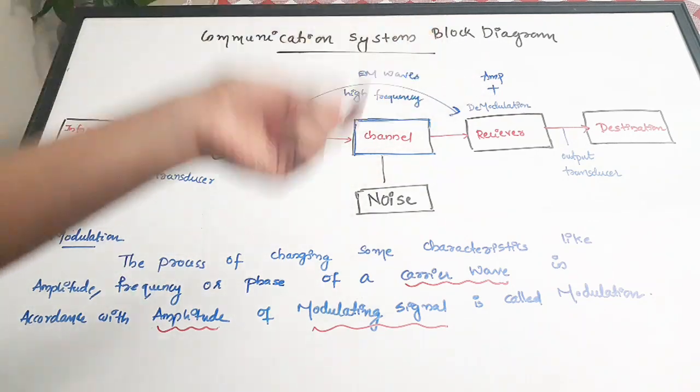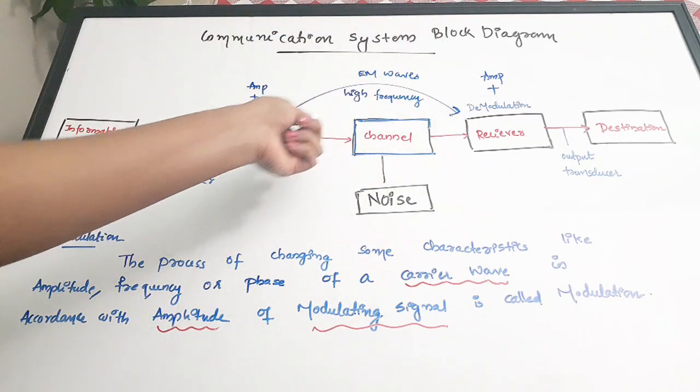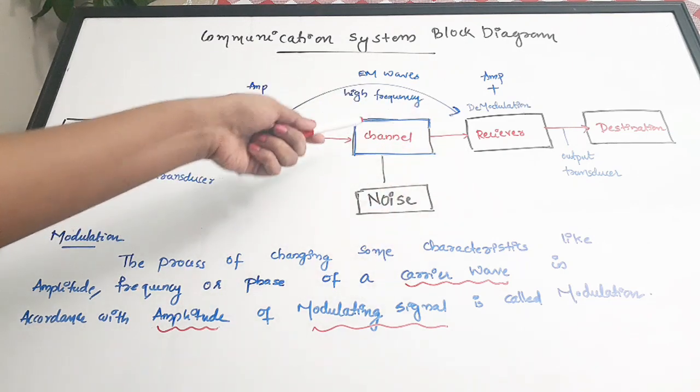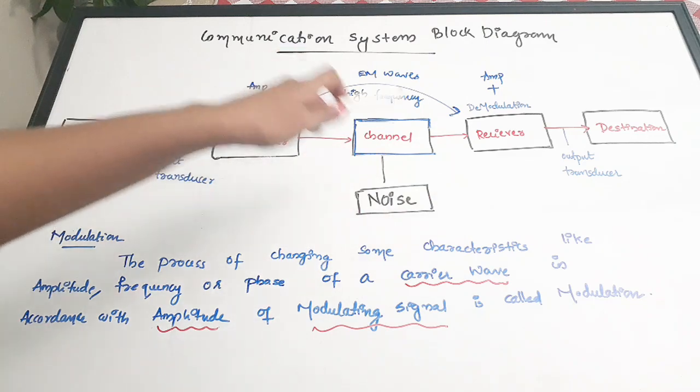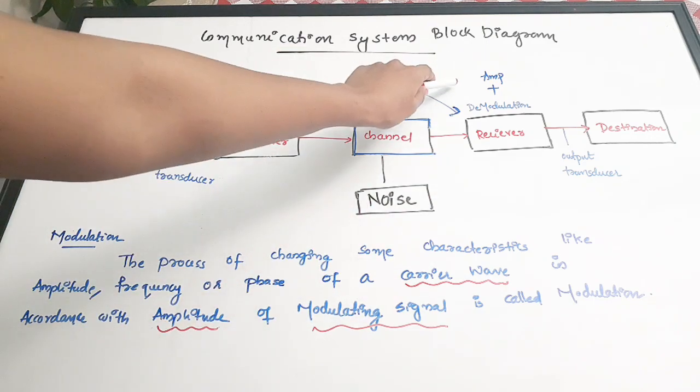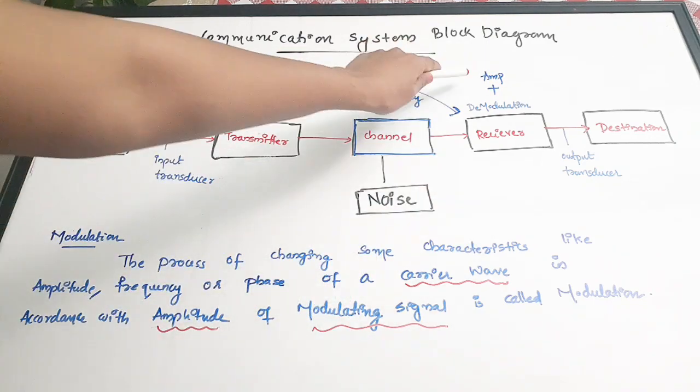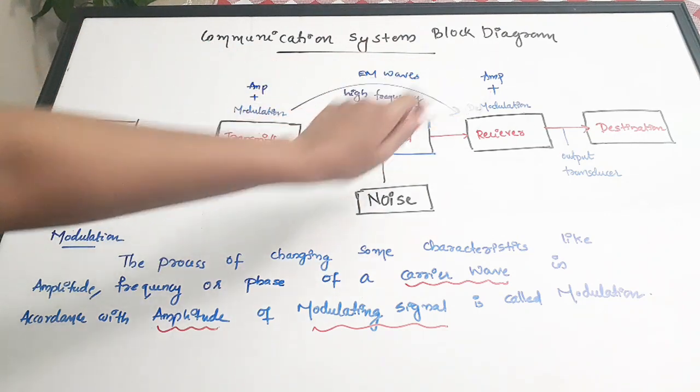Now in the receiver side, again there are two things happening. The signal is again amplified. Why? Because the signal has lost its energy in the path or in the channel. So it needs to be boosted again. So there is an amplifier, and also there is a demodulation unit.